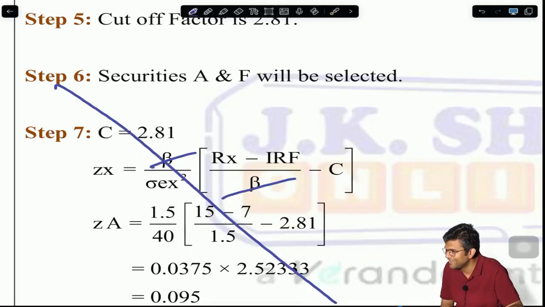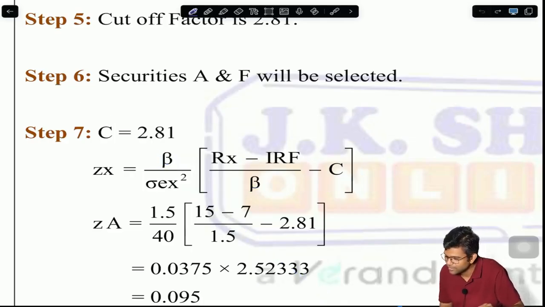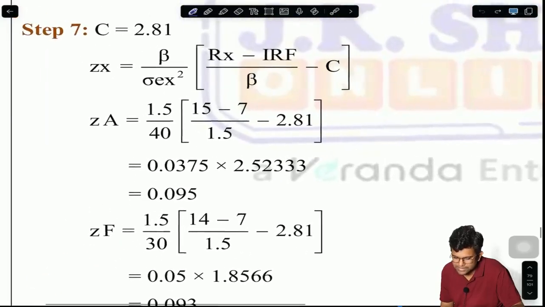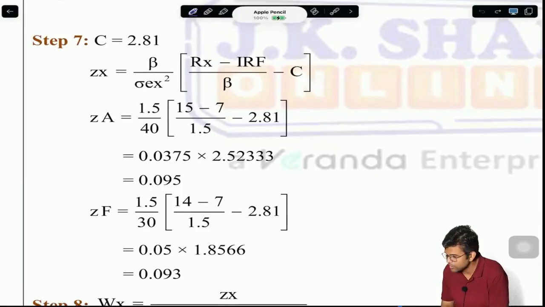You are understanding? Hello? You can't do that, it's in the bracket, that minus C is also there, okay? Students, please complete the Z values for A and F. I am waiting, try on your own if you want. First write down step 7, calculation of Z.